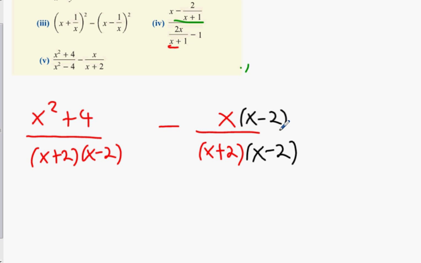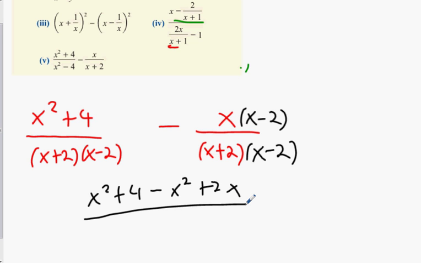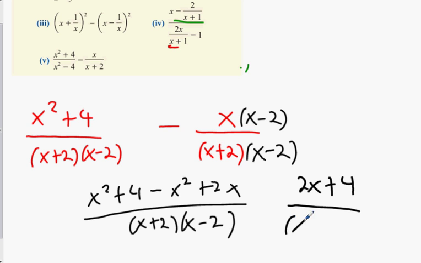Okay? So x squared plus 4 minus x squared plus 2x. Everybody understands that minus very much belongs to the x, yeah? And then it's x plus 2, x minus 2. x squareds cancel and we get 2x plus 4 over x plus 2, x minus 2.